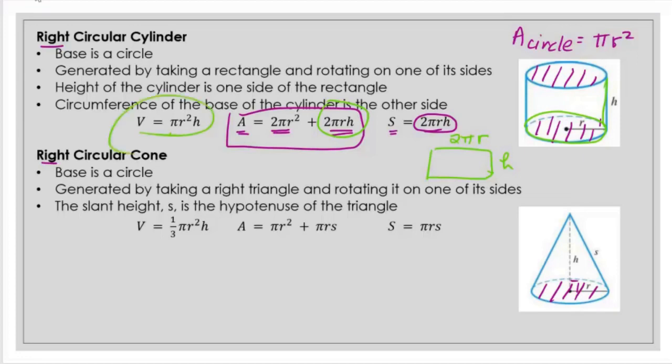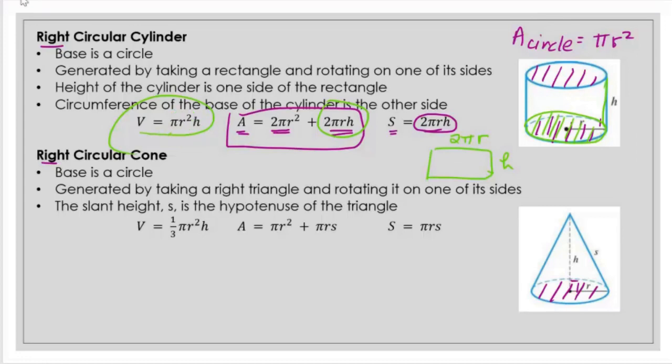If we're looking for the volume of a solid geometric figure, on the other hand, we're now looking at the area of the base, and we'll multiply that by the height. This will work for prisms as well, and for lots of objects. So we can see here that the volume is pi r squared, the area of a circle, times h, the height.